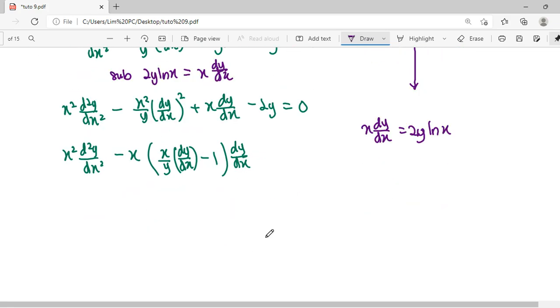So what we need here is to divide by y. So x divided by y times dy/dx will be equal to 2 ln x. So we are going to substitute (x/y) dy/dx equals 2 ln x.